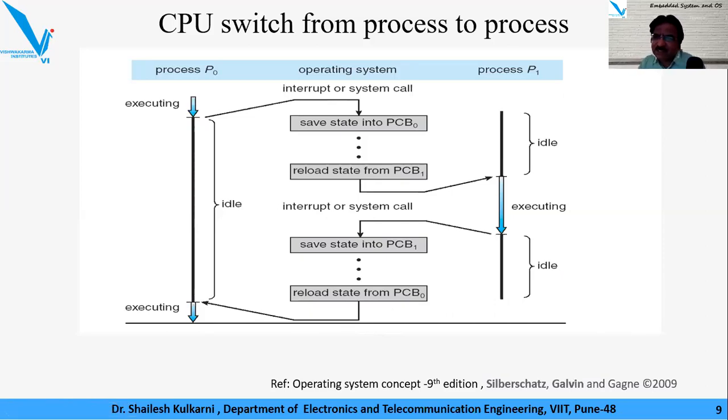Whatever activities happen in these idle times are the housekeeping activities in order to manage this particular task. And what we are talking about is referred to as a context switch: context storing and context restoring. That's the save and reload. It's called like that.